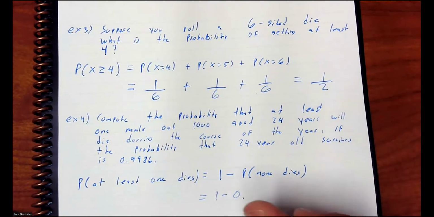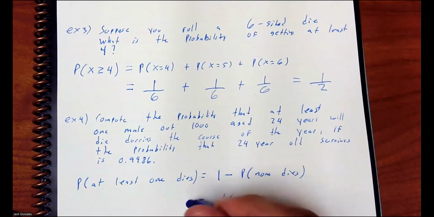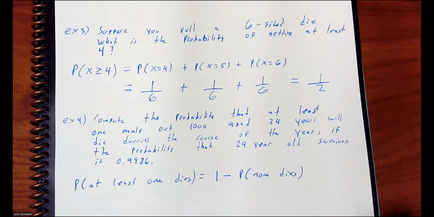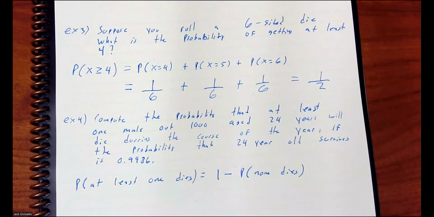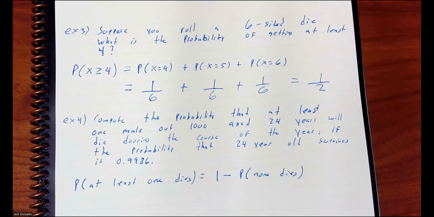Well, actually, hold up. Let me think about that. So this statement is true. But if none die, then that means the first survived, second survived, all the way to 1,000, right?